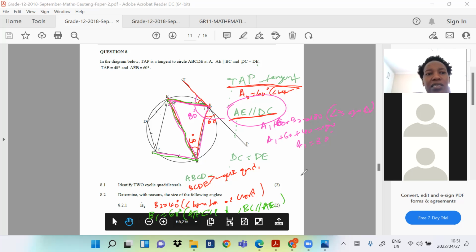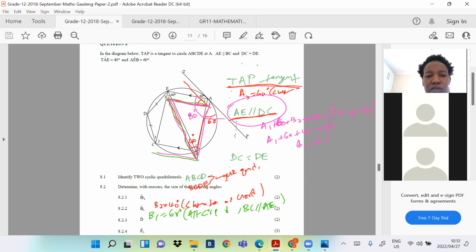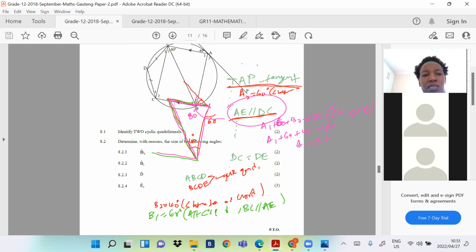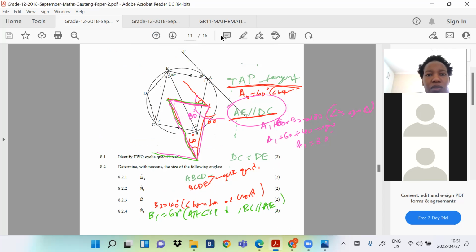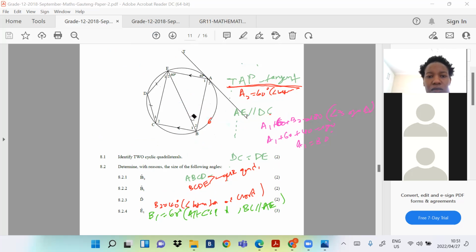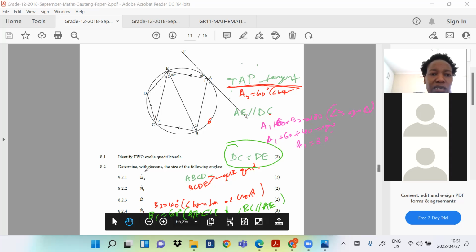Then, okay, that's that one. And then now, what else are we left with? Angle D. They also told us that DE is, I could see angle D, where is it?